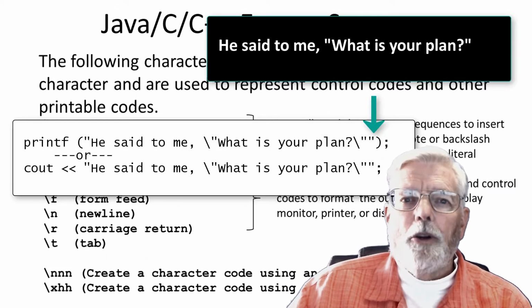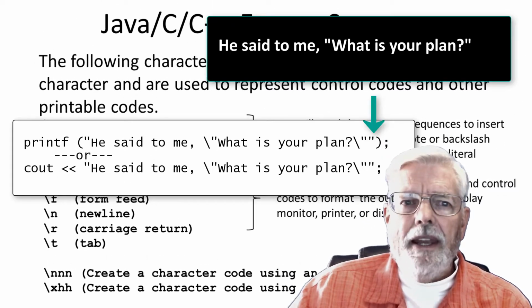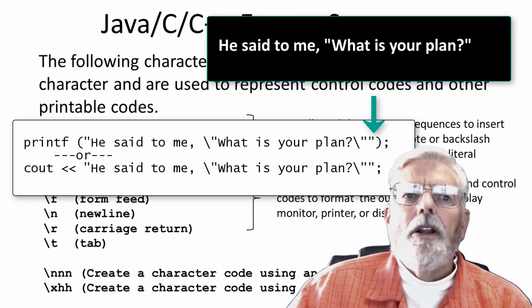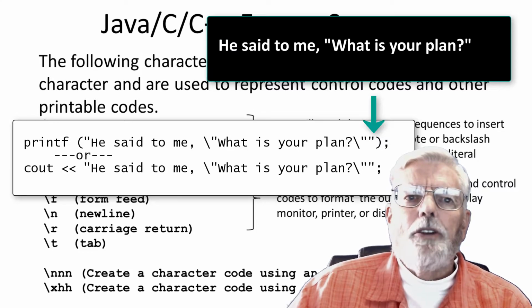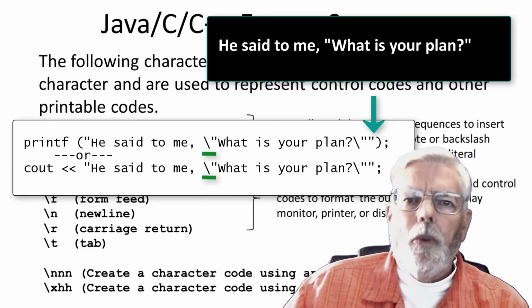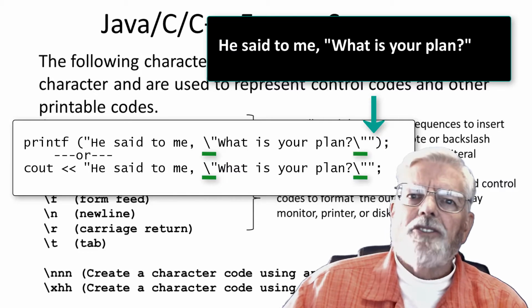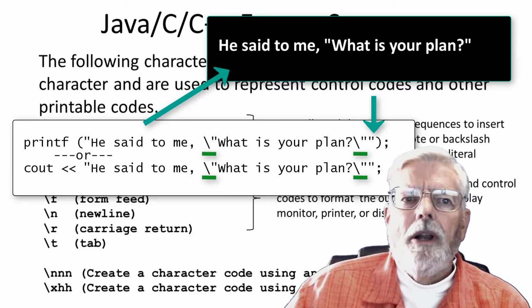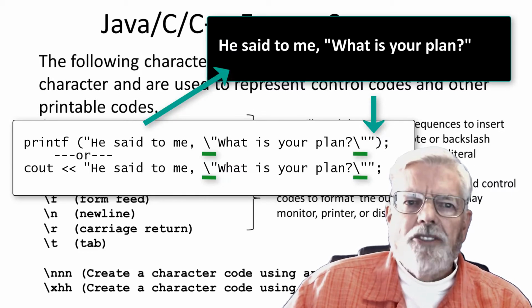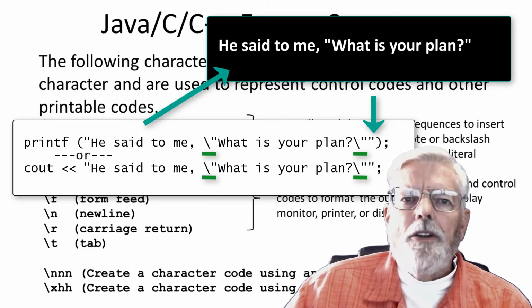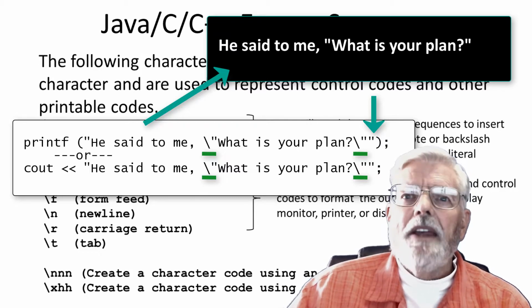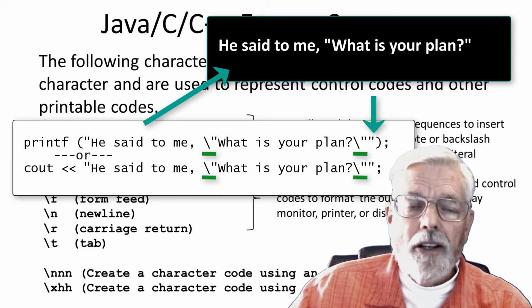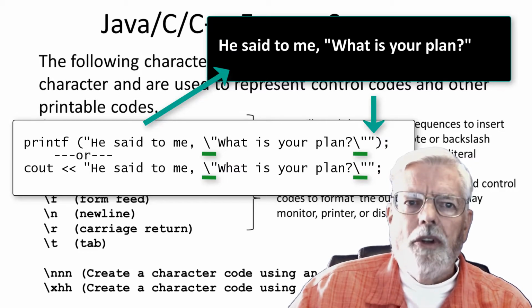For example, to create a string that has a double quote in it, use quote, he said to me, comma, backslash quote, what is your plan, question mark, backslash quote, quote. The backslash quote at the end uses the backslash quote to place a quote in the string, and the final quote ends the quoted string.